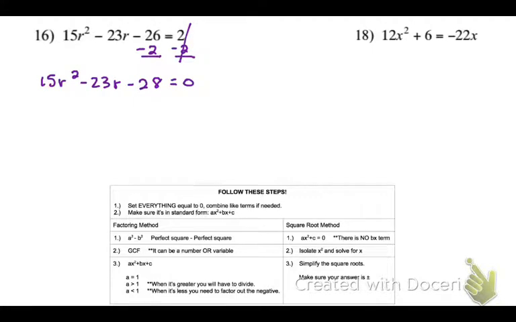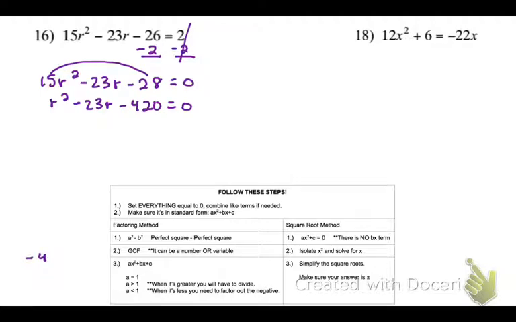When that happens, remember you multiply them to turn a into 1. This will give me r squared minus 23r minus 420. Once I've multiplied by 15, this a is now a 1. But the only way that turned into a 1 was because I multiplied. That means you're going to have to divide by it.